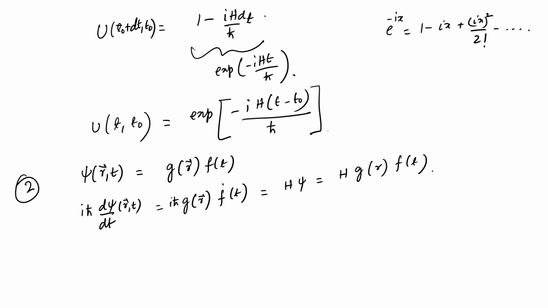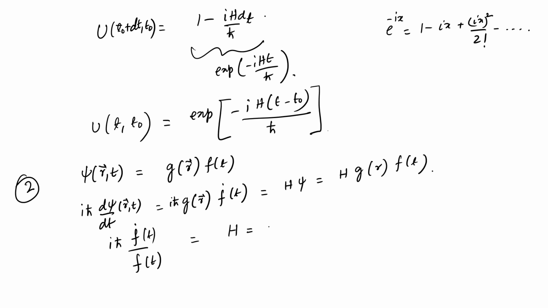Now, this is just like a normal algebraic equation. If you treat it like this, you have i h cross f dot by f, where f dot is a function of t and f is a function of t as well, and this is like H g of r by g of r, for a system in which the Hamiltonian does not explicitly depend on time.